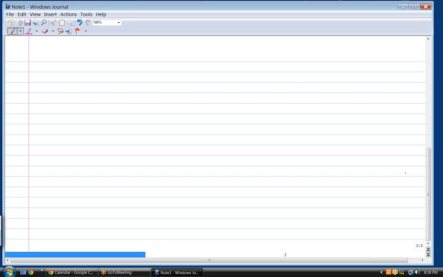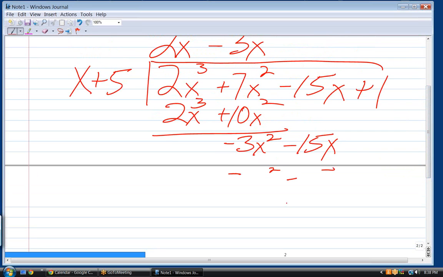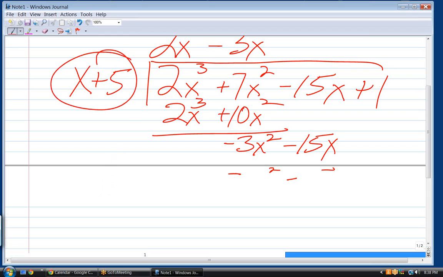Could we do the same thing but involving that? Yeah. The way you do synthetic division when you're dividing by x plus something is you assume that's equal to 0, and that would mean x is equal to minus 5, so we would divide by minus 5.